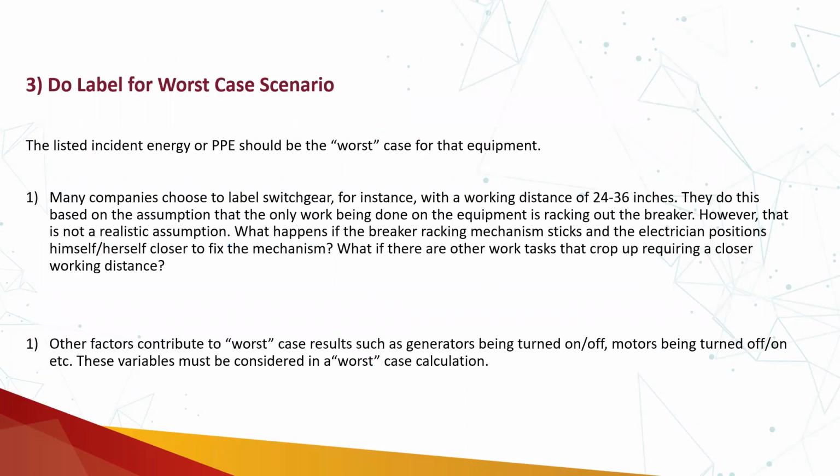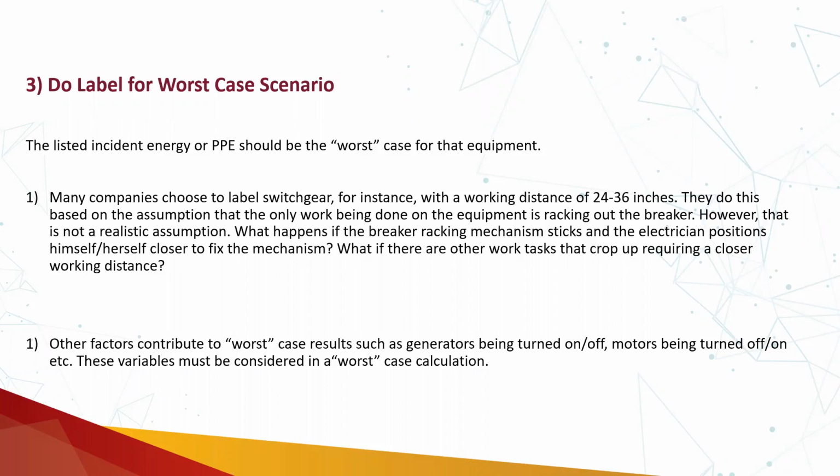Do the label for the worst case scenario. What does this mean? If there are different teams working on the equipment, some might be working at a working distance of 36 inches, others at 24 inches, and others at 18 inches. As the distance is different, the incident energy will be different.